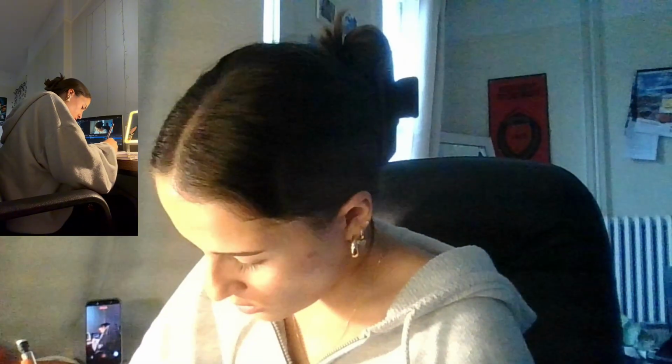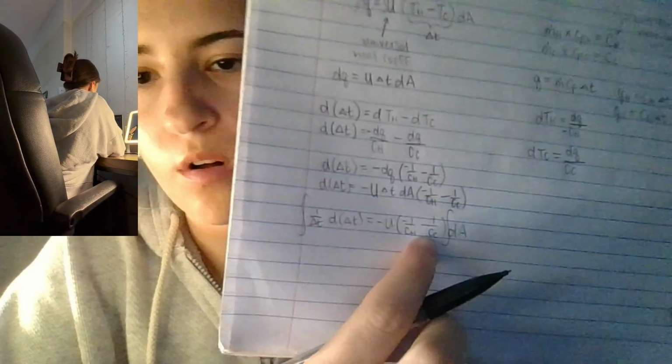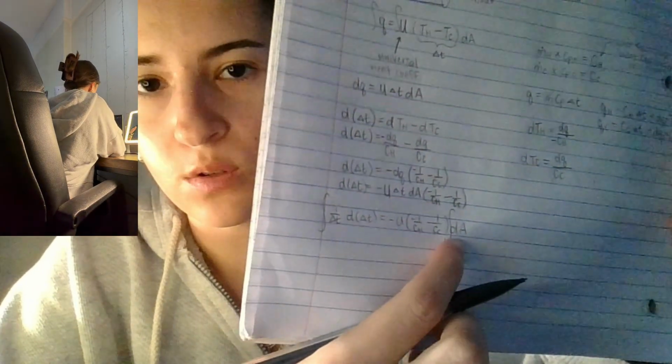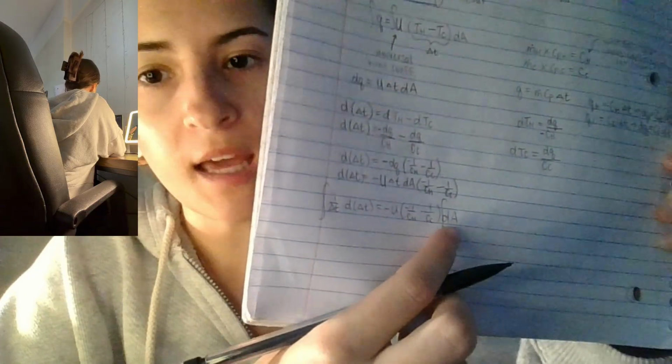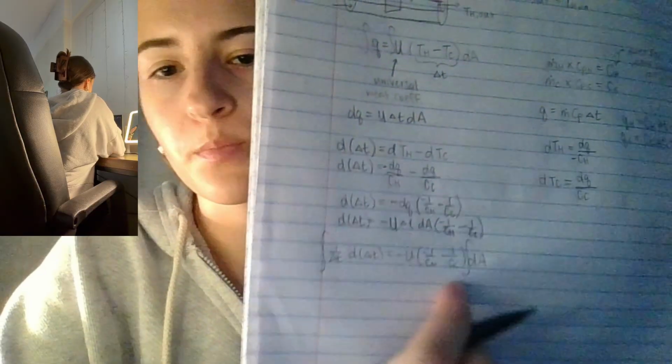And when we take this integral, we will notice that U and this whole term here are all constants in comparison to the A integral. So you can keep these as constants and keep them outside of the integral. This makes this pretty easy.